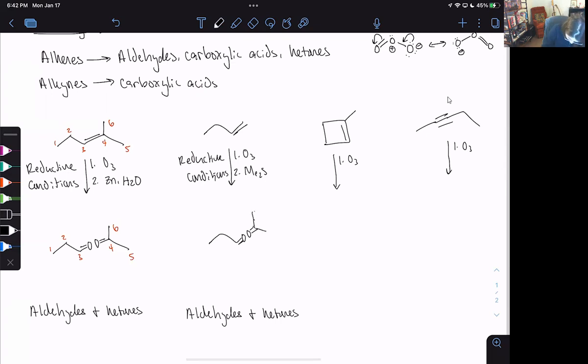Keep in mind I have H's here. This is how we're making the aldehydes and the ketones, and it just depends on what substitution you have on your alkene to start with. Nothing changed. But again, we have the same instance where we've got 1, 2, 3, 4, 1, 2, 3, 4.